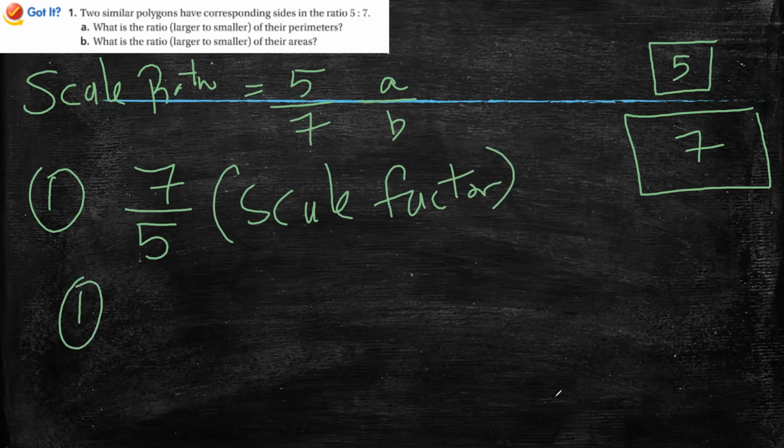So for the parameter, Habiba, what is the ratio of the parameters? It will be 7/5. It is the same as the scale factor. And what about the ratio of the areas?